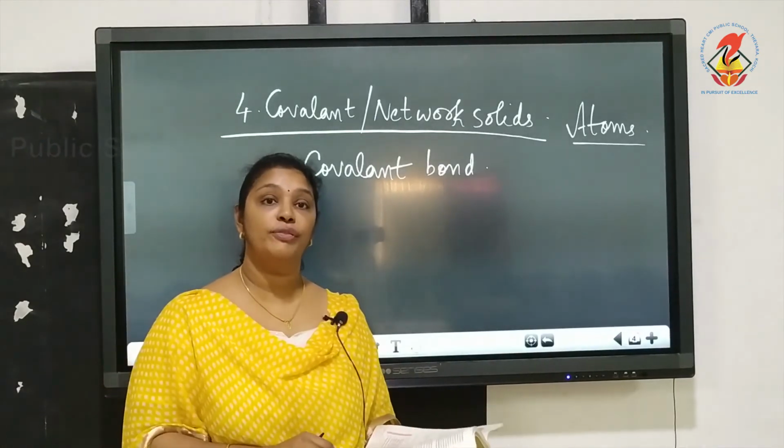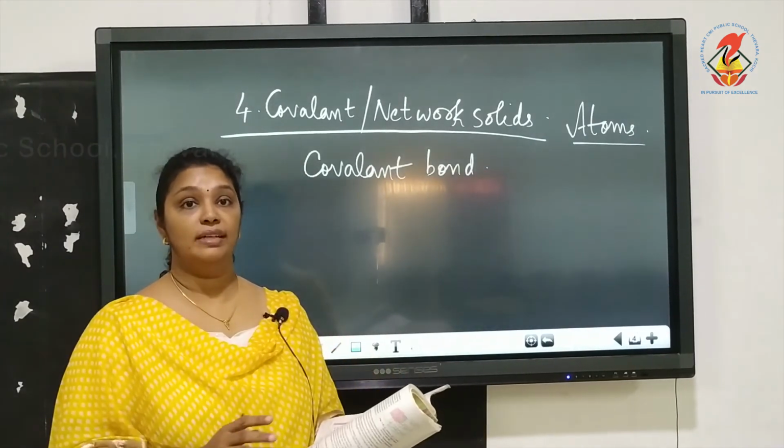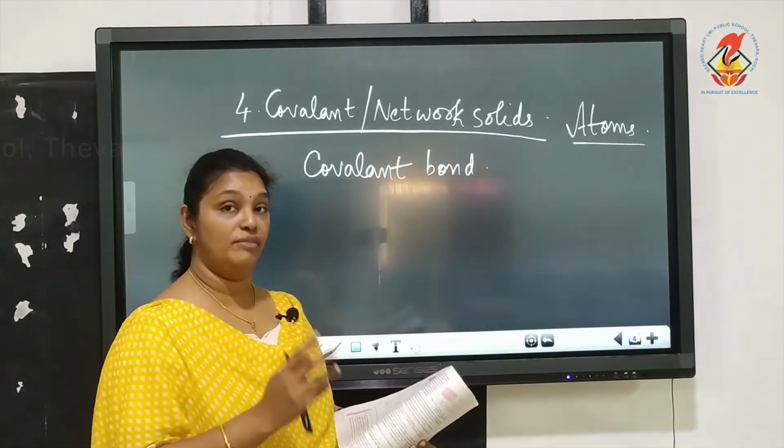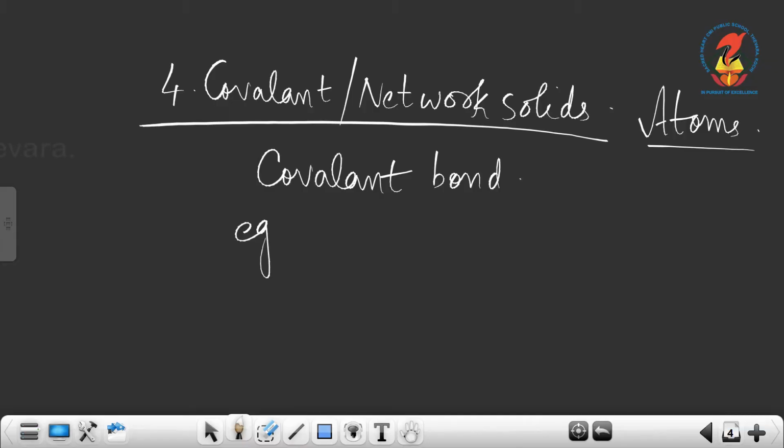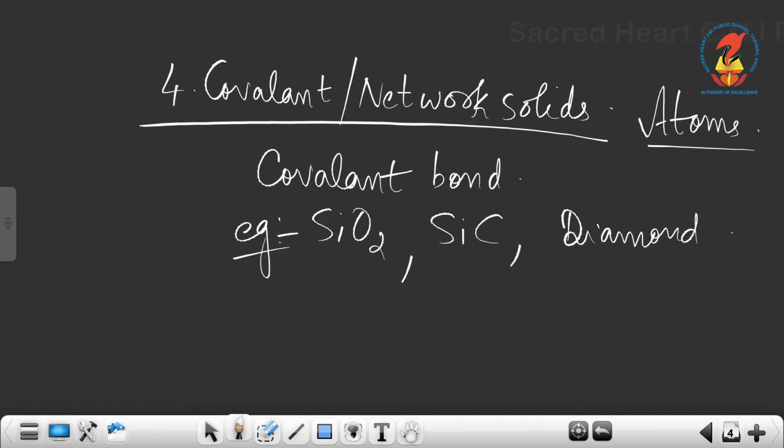Examples of covalent or network solids are SiO2 (silica), silicon carbide, diamond, and graphite.